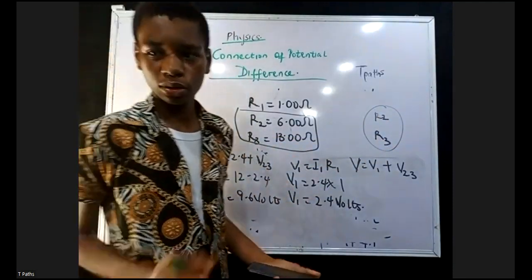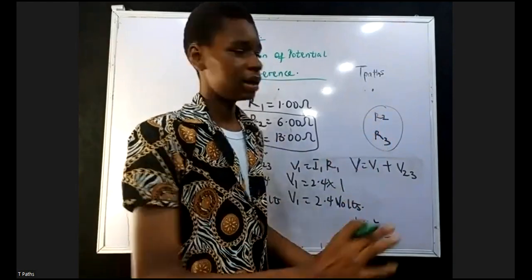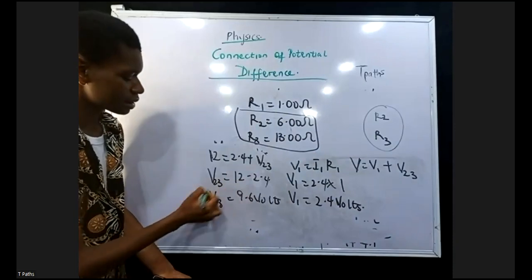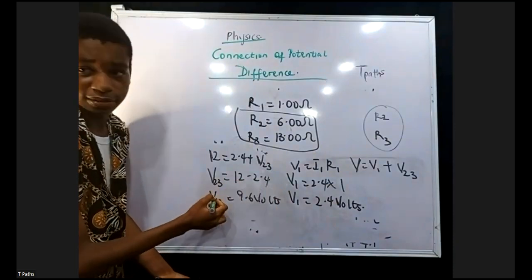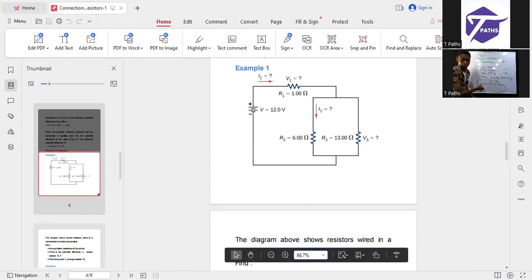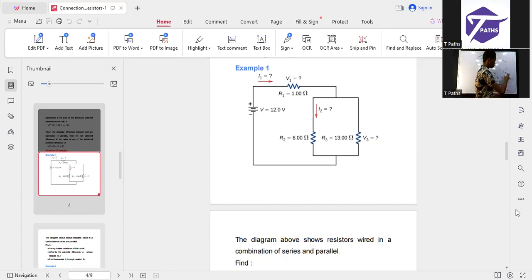Now let's come back to the diagram where R2 and R3 are connected in parallel. Since the potential difference across the two resistors, resistor 2 and resistor 3, is 9.6 volts, then I can say the potential difference across R2 is 9.6 volts, and the potential difference across R3 is 9.6 volts. Why?